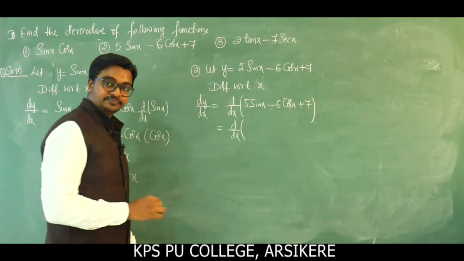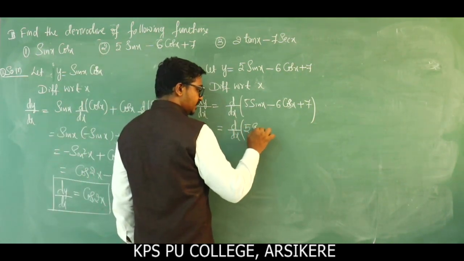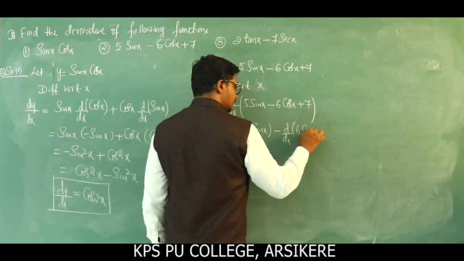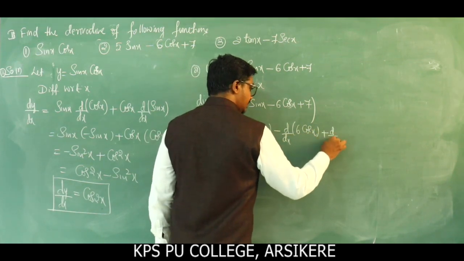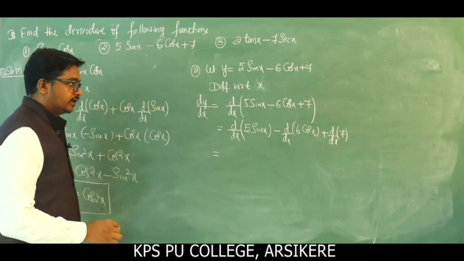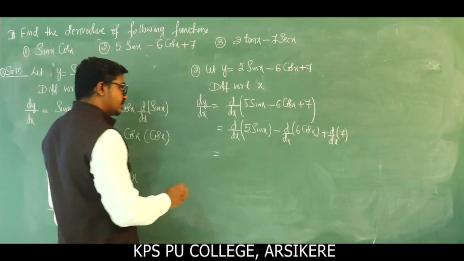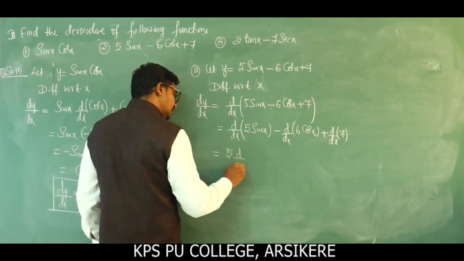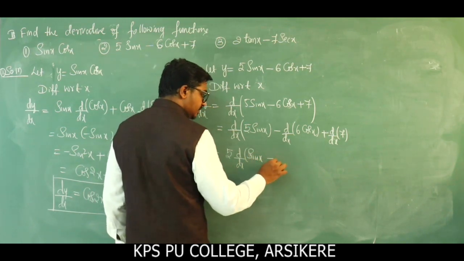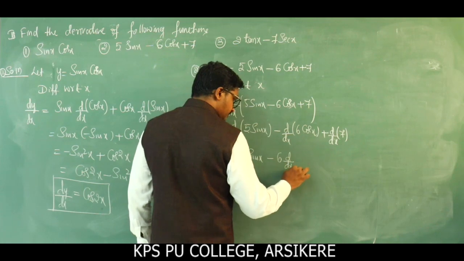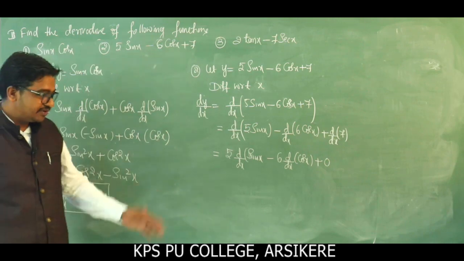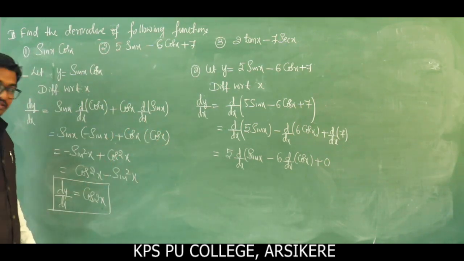D by dx of 5 sin x minus d by dx of 6 cos x plus d by dx of 7. So therefore 5 into d by dx of sin x minus 6 into d by dx of cos x plus derivative of 7 is 0, because 7 is constant.